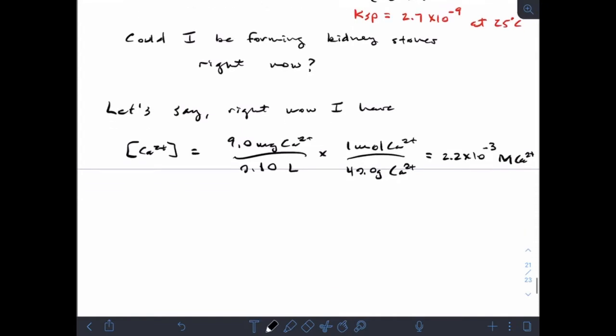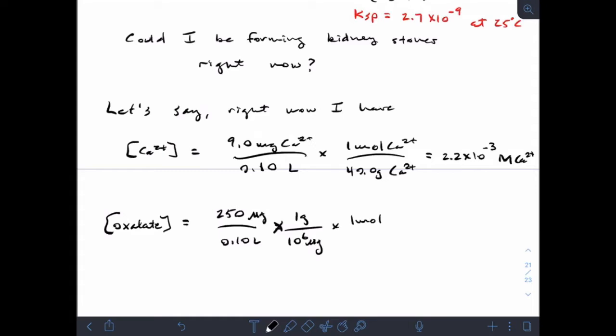And let's say that my oxalate concentration is 250 micrograms per 100 milliliters. 1 gram is 10 to the 6 micrograms, and oxalate is roughly 90 grams per mole.